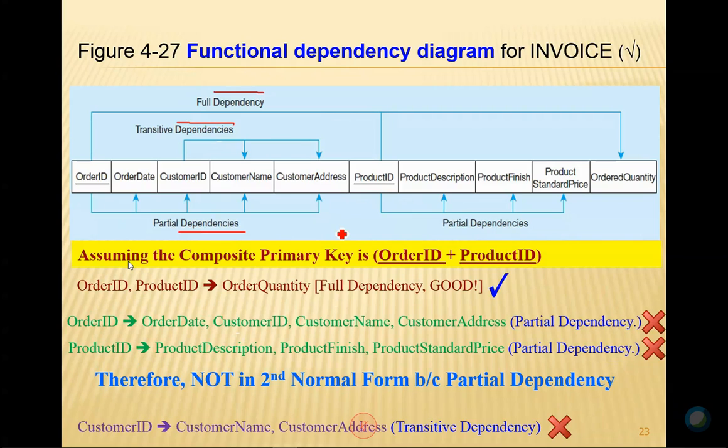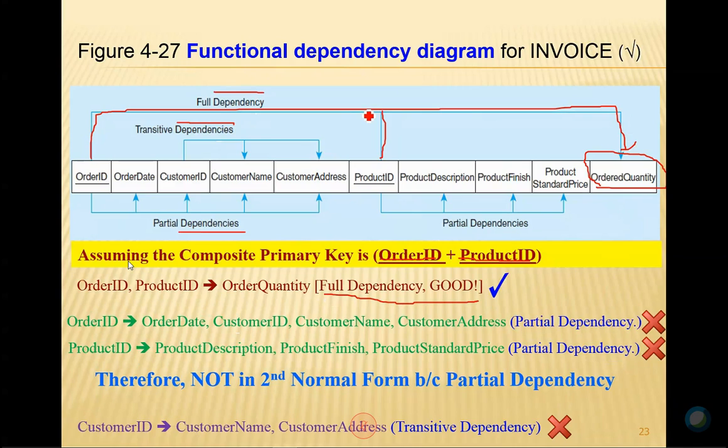I'll say it one more time. A full dependency is when you have a composite primary key, and the value of an attribute, say order quantity, is co-determined by both parts of the composite primary key.